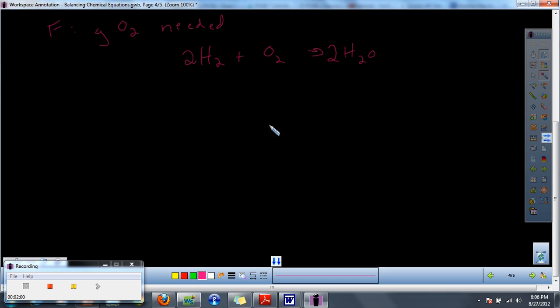So let's see, you want to go from the number of representative particles. That's the number that you're given. Ultimately, you want to do that into moles of H2O, and then into moles of, let's see, O2, and then into grams of O2.